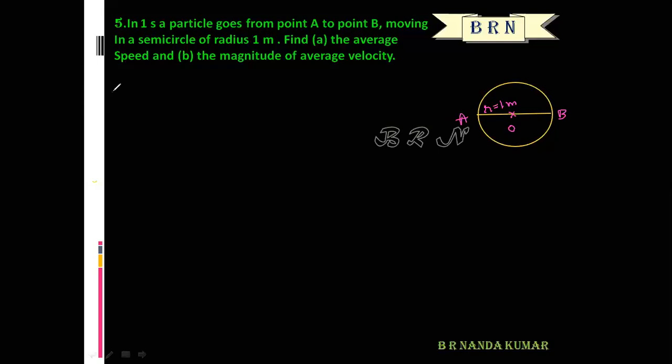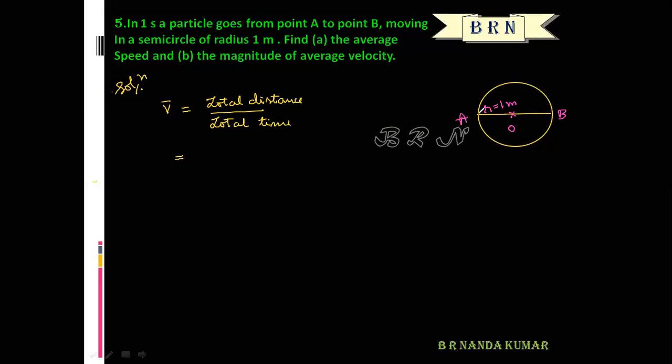Average speed is equal to total distance divided by the total time taken.